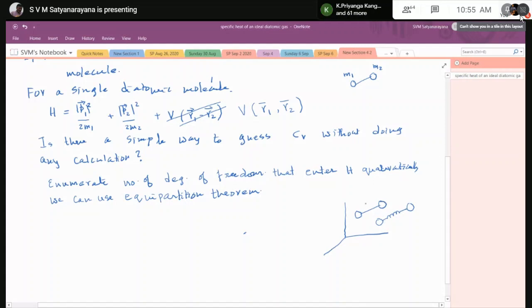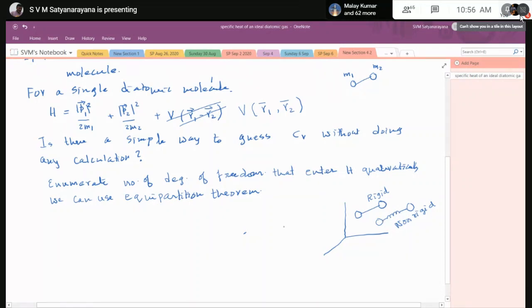So this is rigid, and this is non-rigid. If it is non-rigid, then this is like a harmonic oscillator, and this harmonic oscillator will have 2 degrees of freedom that enter into the Hamiltonian.